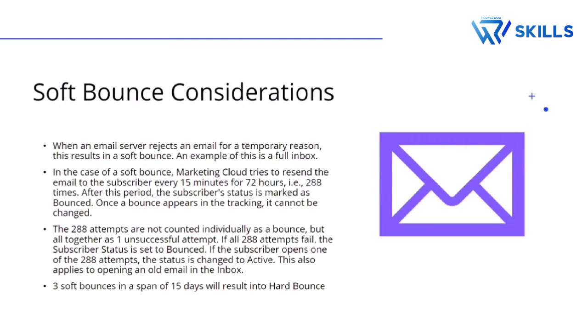Then we understood the factors deciding the change in subscriber status, and the factors defining types of bounces in Marketing Cloud, soft bounce and hard bounce. Everything related to a subscriber we have understood.